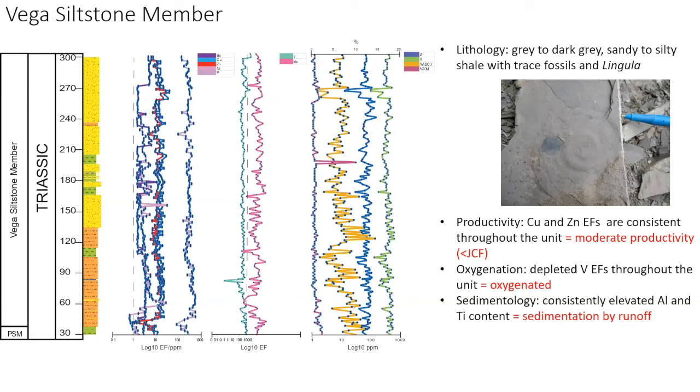For oxygen, we have values that are less than 1. And so that tells us that our environment is oxygenated. For sedimentology, same as what we observed within the Phroso siltstone member, consistently elevated aluminum and titanium content means that we, again, have sedimentation from runoff.